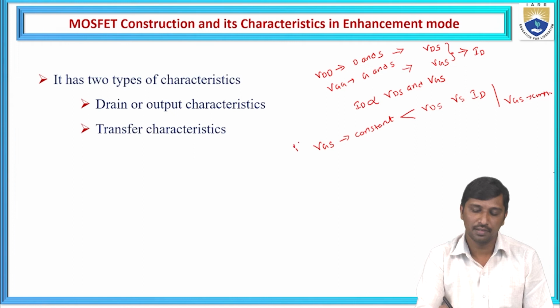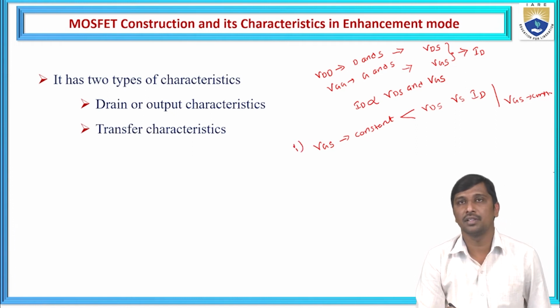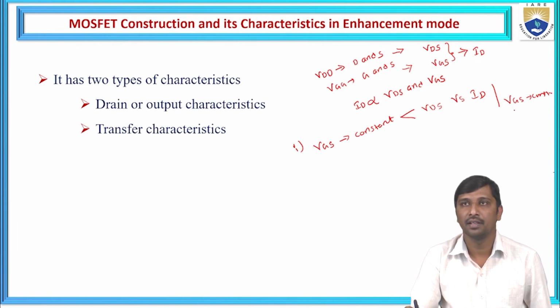So if you want to find the output characteristics or drain characteristics, we plot the characteristics between VDS and ID by maintaining the gate to source voltage constant.